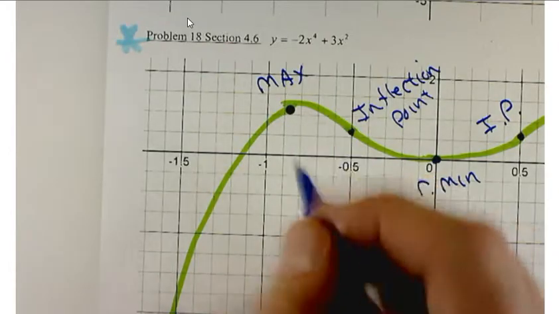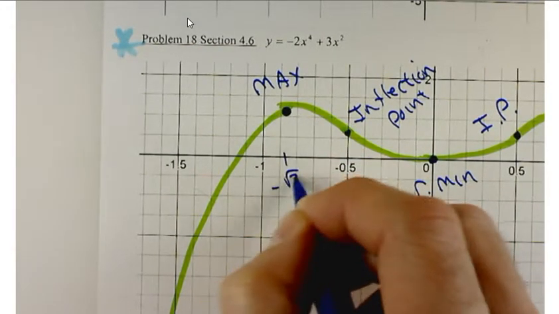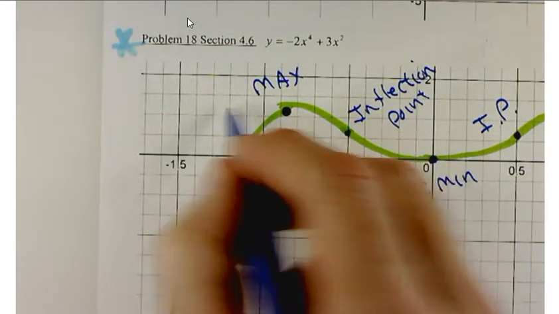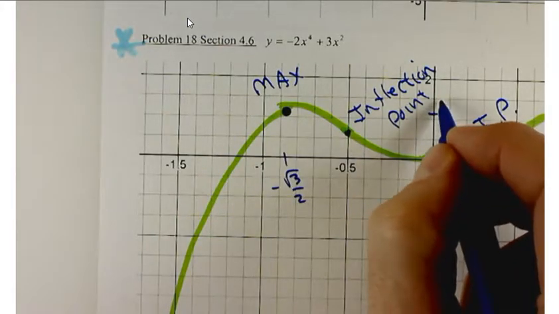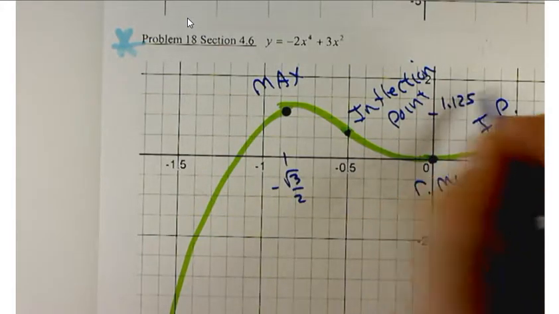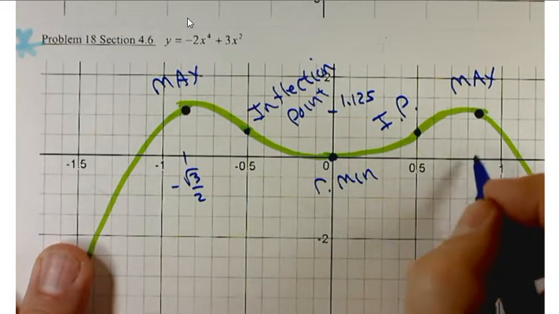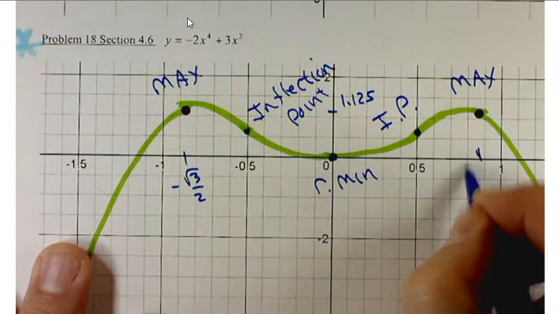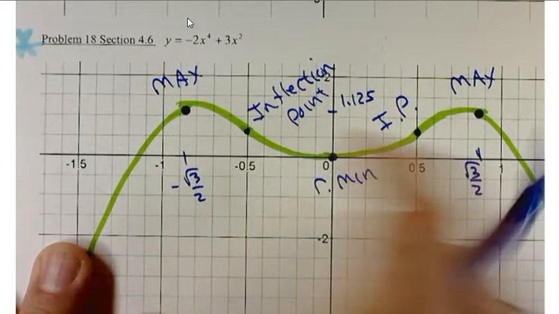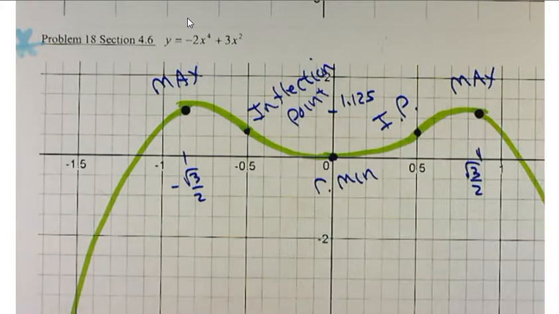So this is -√3 over 2, and that height here is 1.125. It's 9/8. And then likewise, this would be positive square root of 3 over 2. And again, it's still the same y height. So they're just plotting those points that I came up with. Okay? Question? All right.